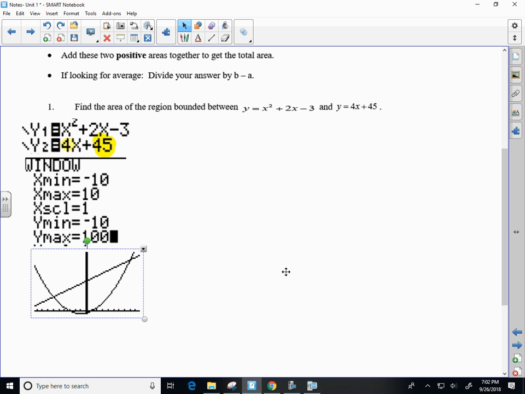All right, so I need intersections, because here I'm looking for the area bounded between. Well, it's pretty clear that the line is the dominant function. That's the one that's physically above the parabola. Here is the equation of a line. Here is the equation of a parabola.